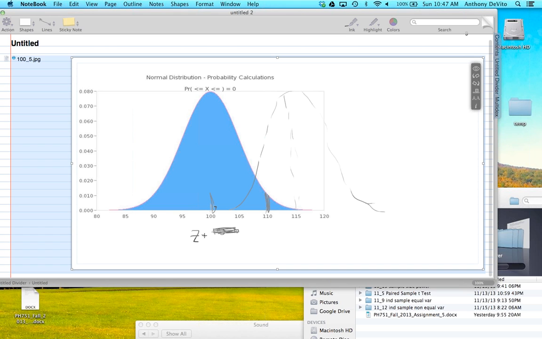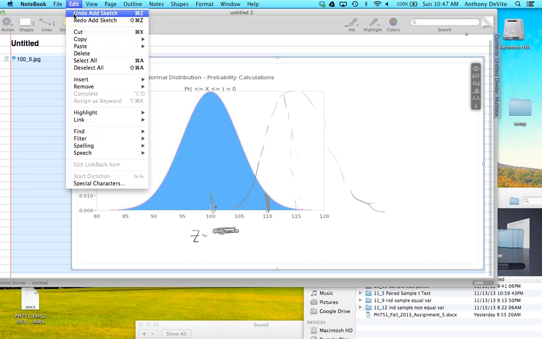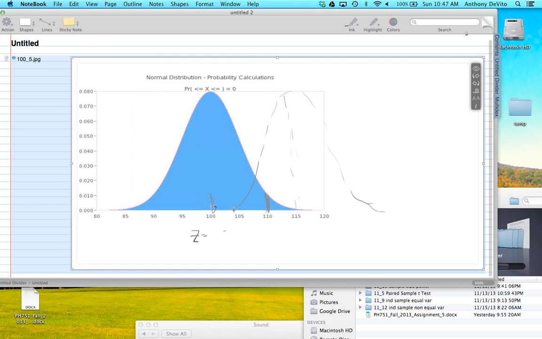I have to have a z-score. Okay, my z-score, for whatever value this is, not really 110, might be something different. My z-score has to be equal to 1.96 in order to reject my null hypothesis, right? So I need a z of 1.96.